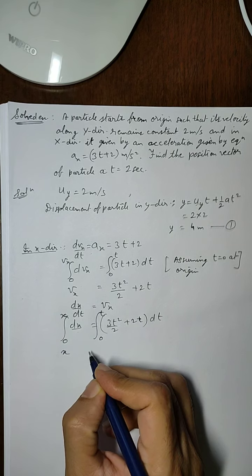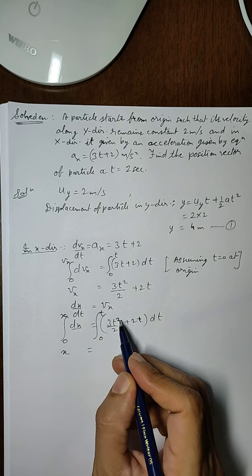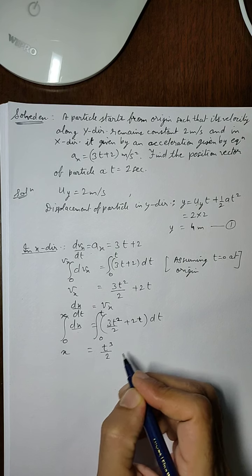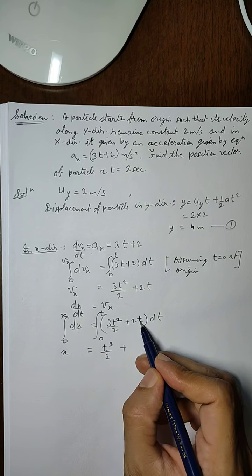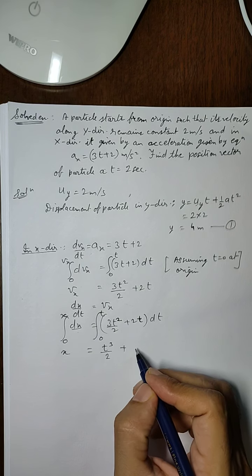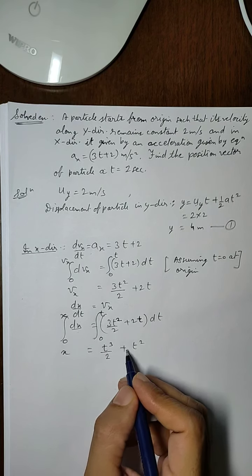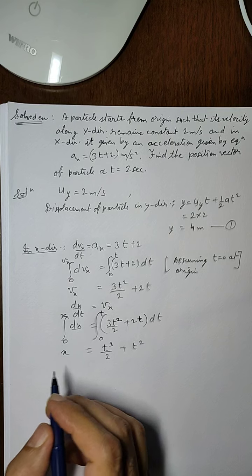So if we integrate this, there will be x on this side, and this will become t cube upon 3, 3 will get cancelled out, so we get t cube upon 2 plus t square, since integration of 2t is t square upon 2, and 2 will get cancelled out, so the remaining thing is t square. So this is the equation of the position of the particle along x-axis.